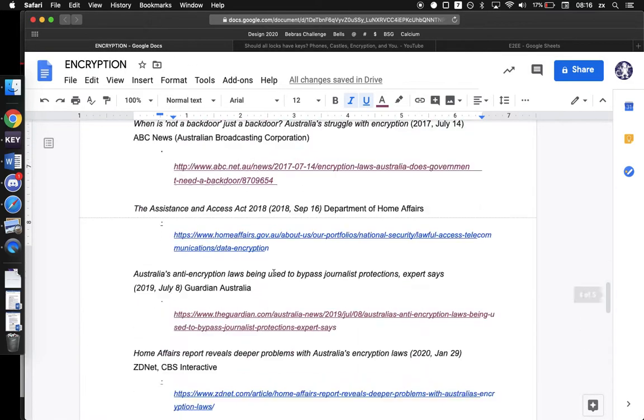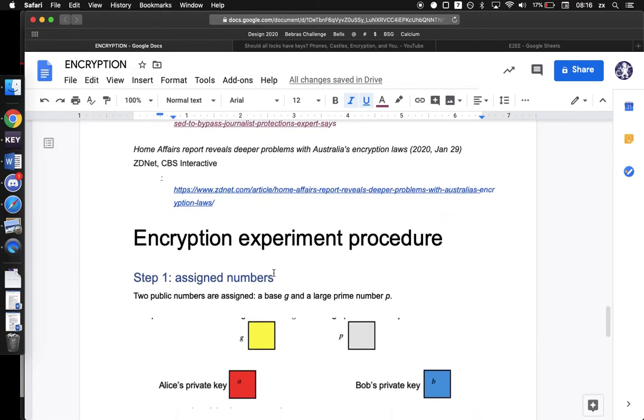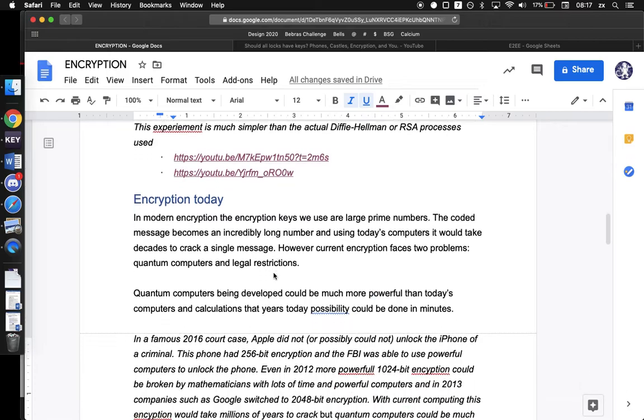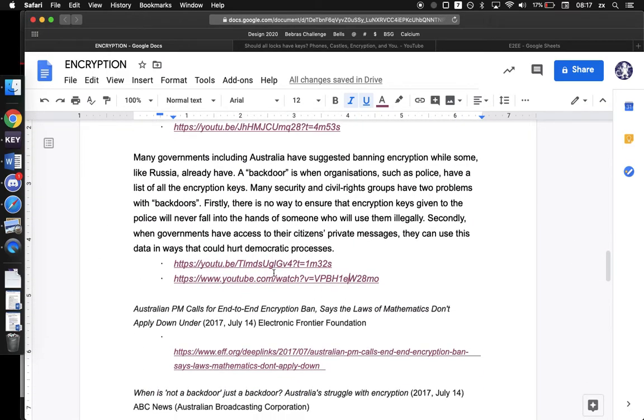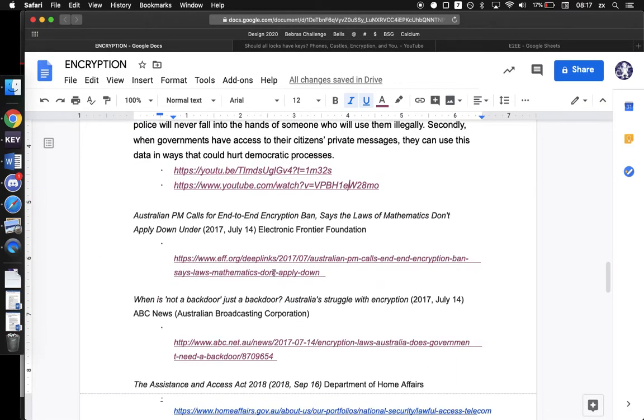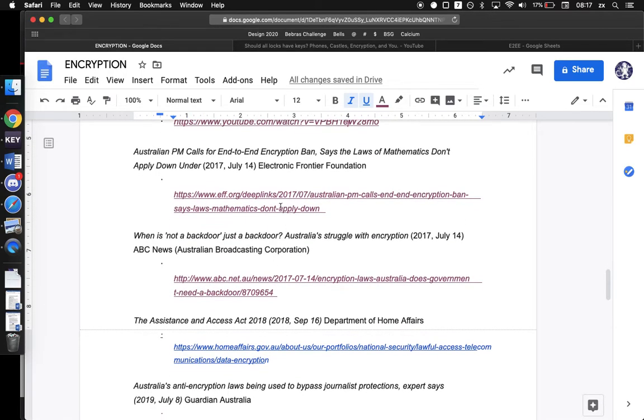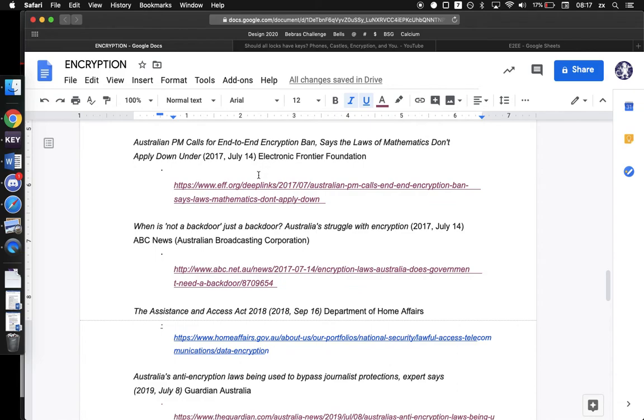Okay, so now we're going to do the encryption process ourselves. What I've got here, which I just skipped over, is a bunch of articles that talk about encryption as it applies to Australia.